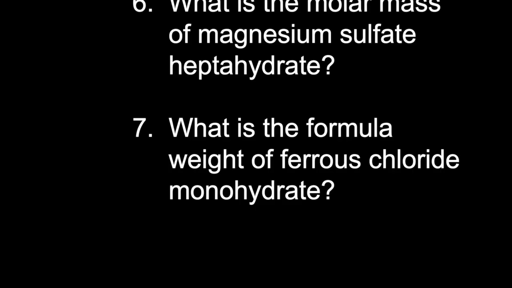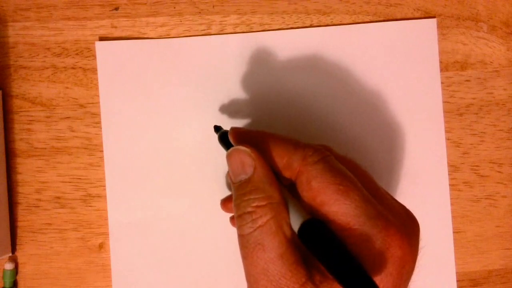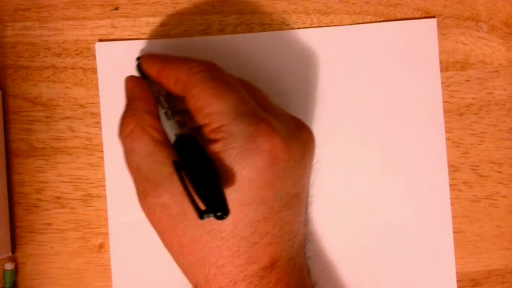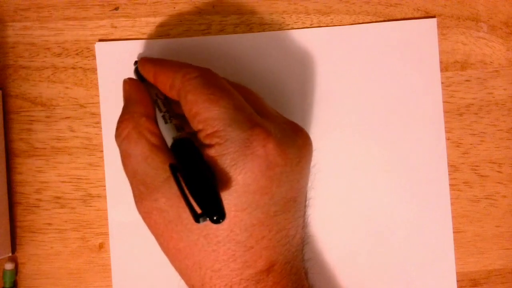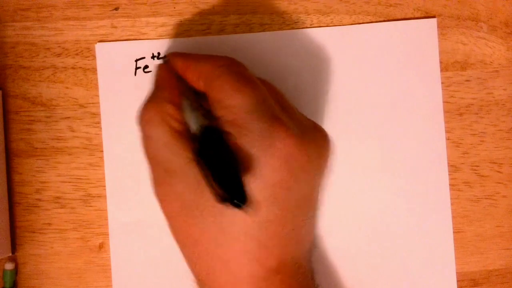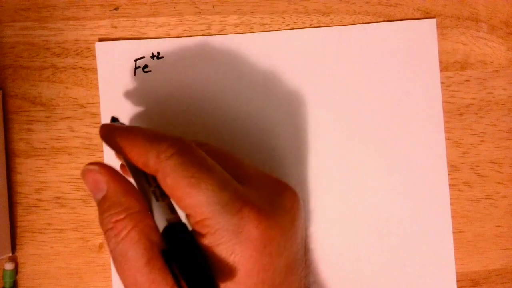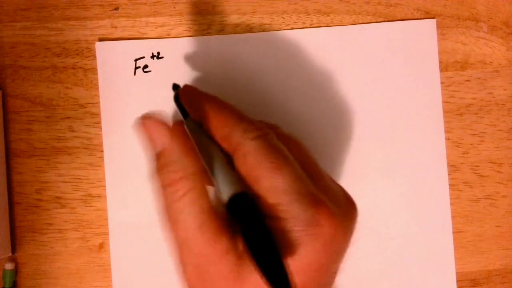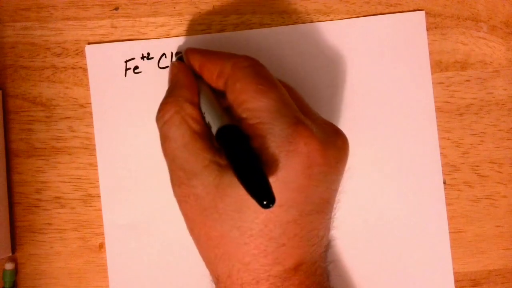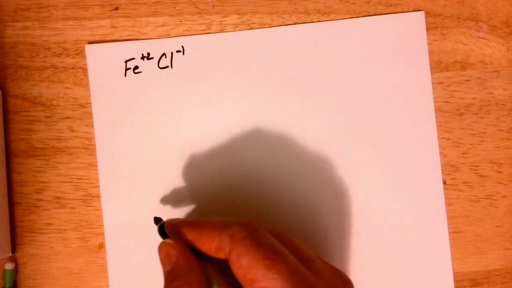Number 7. What is the formula weight of ferrous chloride monohydrate? Next one is if you have ferrous chloride monohydrate. So I'm just going to give you the formula. Ferrous is iron with a positive 2. Remember, ferric is positive 3, ferrous positive 2. Chloride is a monatomic ion, Cl negative 1.